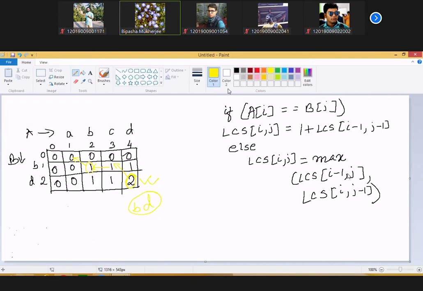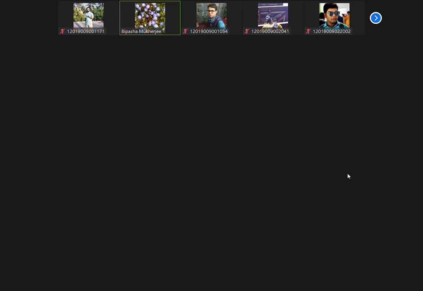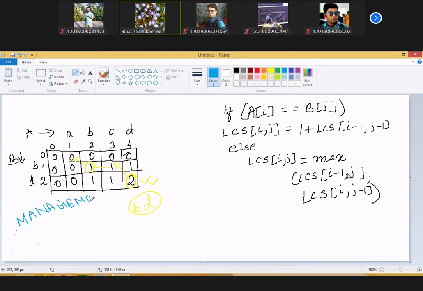Okay. Now you may take this algorithm and take two words. Say you take these two words: one is management, another one is garment.